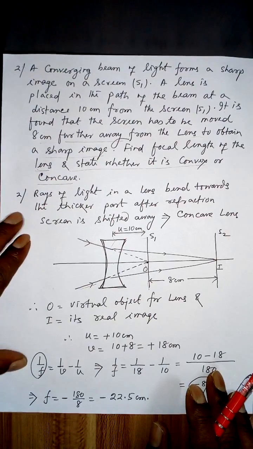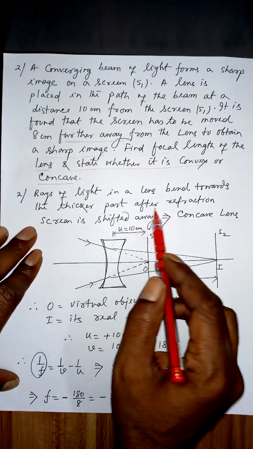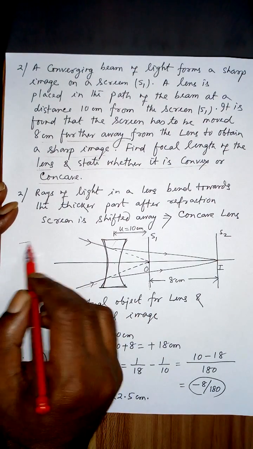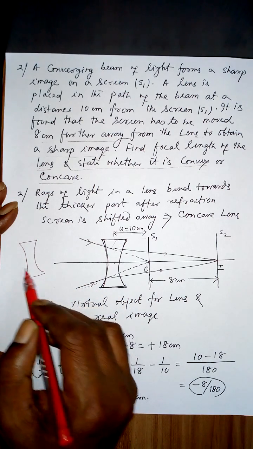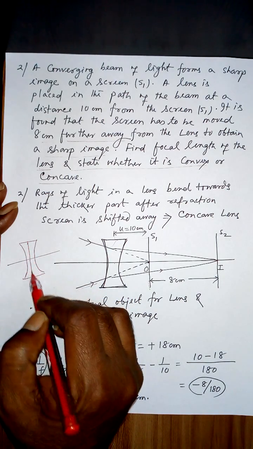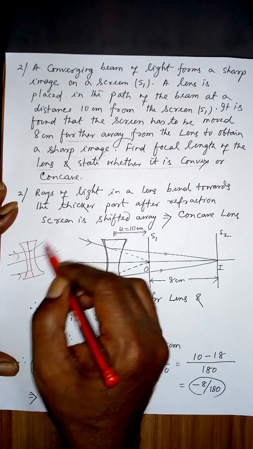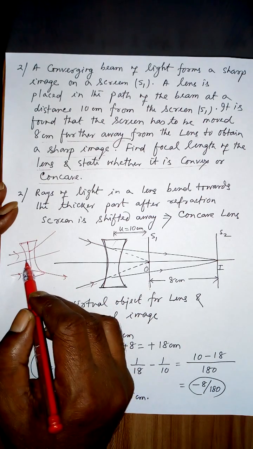Now, rays of light in a lens bend towards the thicker part after refraction. We have studied before, if this was a concave lens, the rays after refraction bend towards the thicker part. Look, this is the thicker part, this part is thinner.